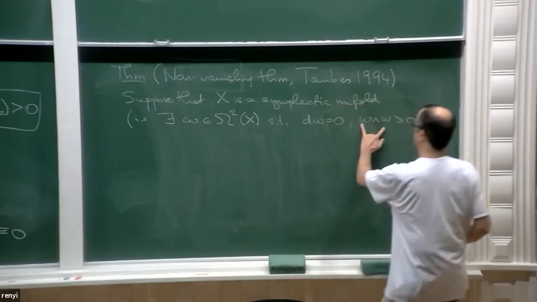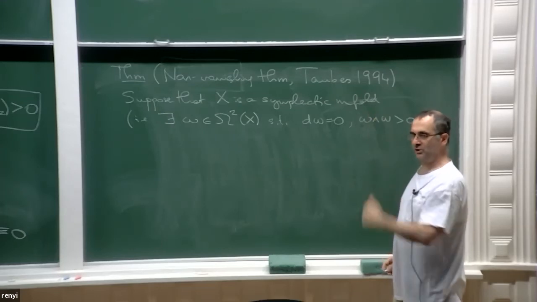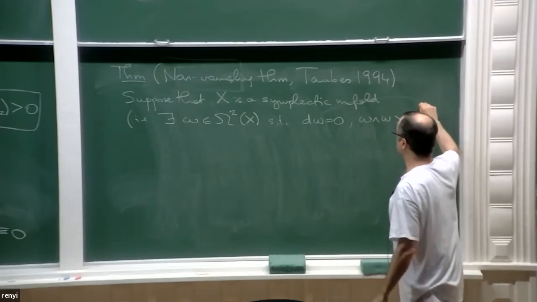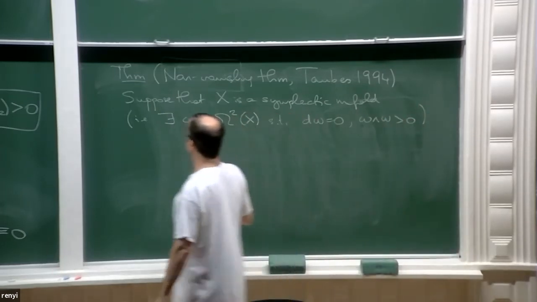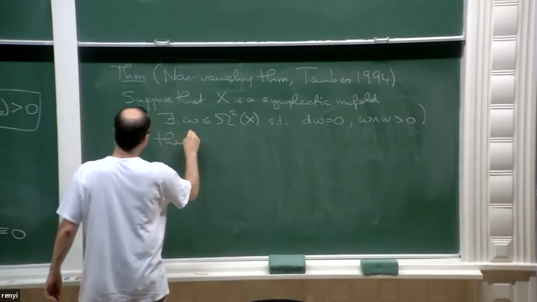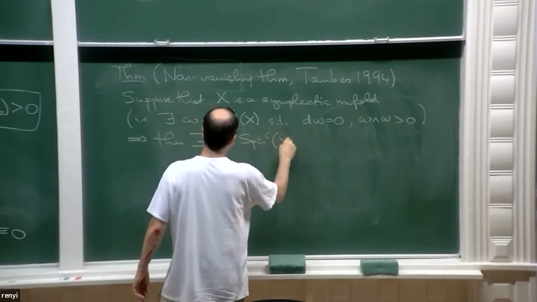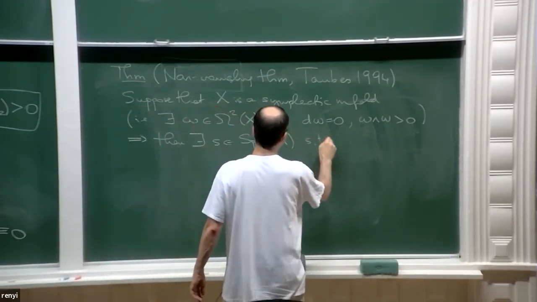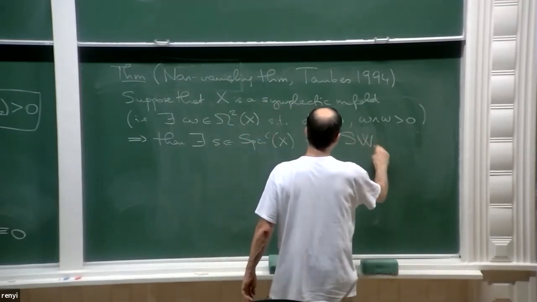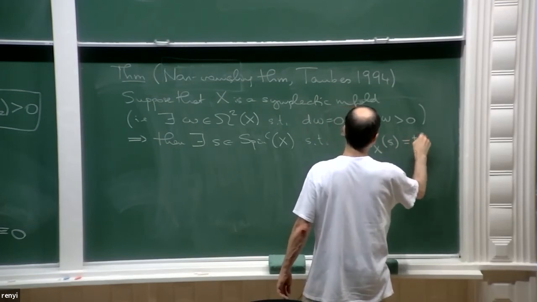So if you wedge it with itself, then you get a top-dimensional, 4-dimensional form, which is always positive. Then there is a spin C structure S of X such that the Seiberg-Witten invariant of X at S is plus or minus 1.